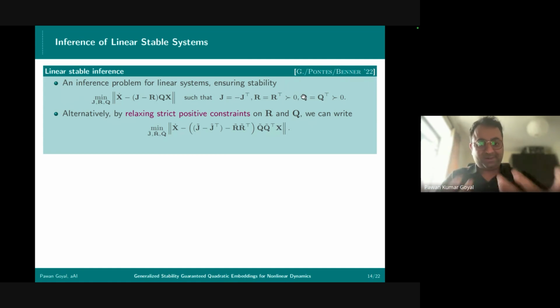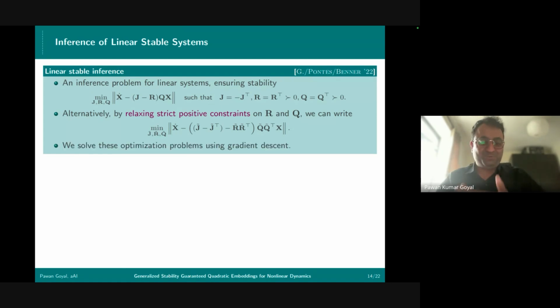We further relax it, and now we do not have any constraints like skew-symmetric or SPD, but regular matrices J tilde, R tilde, and Q tilde, and we would like to solve such an optimization problem. Once we solve it, we can construct our linear operator, which by design will be a stable operator.